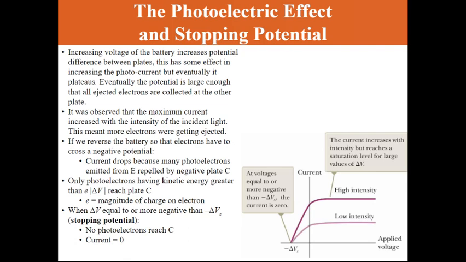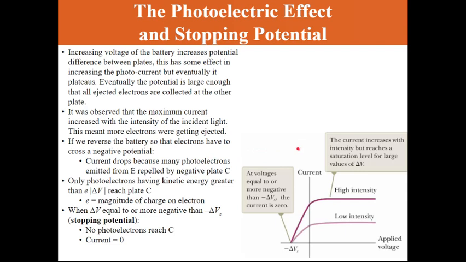This means that ejected electrons have to spend their energy to get to the other side. As you increase the potential difference to a bigger negative potential, less and less of the ejected electrons could reach the other end. Eventually, the potential difference was so negative that no electron could get to the collecting plate, and so you would stop measuring any current through the circuit.